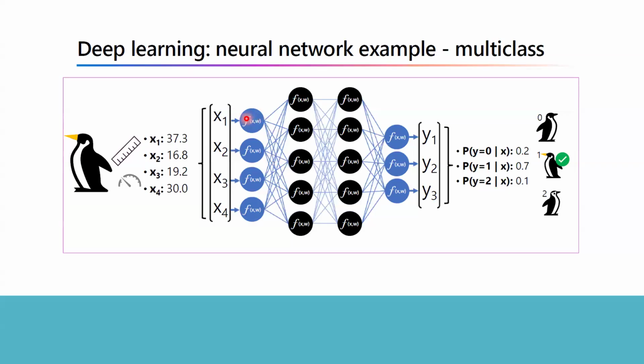Then this basically has some activation function. All these layers have different neurons. So this is one neuron, this is another neuron, this is a third neuron. And each neuron is connected to all the neurons of the next layer. This one will also be connected to all the others.